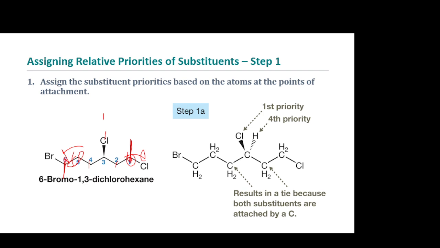We compare a chlorine versus a bromine. Which has higher priority? Do you remember your periodic table? Which is lower on the periodic table? Bromine, yeah. So bromine has higher priority. Okay, and so that means this one over here is our 2. And then our next priority would be this one here, which is our 3.